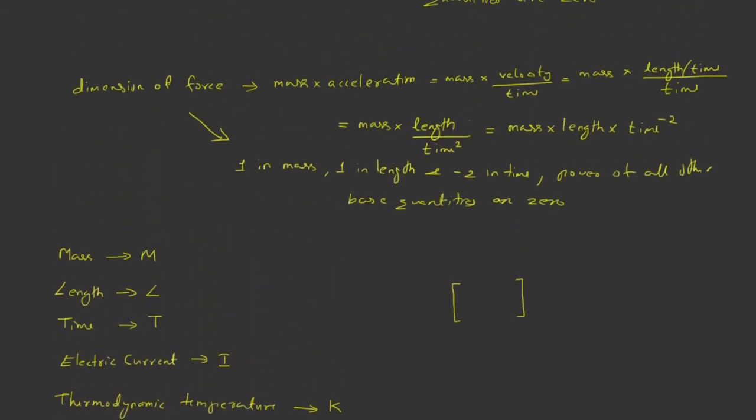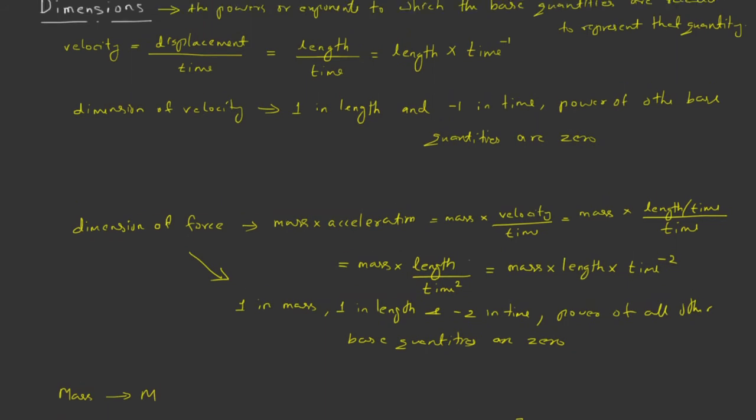So let us look into the example we already considered. For velocity, the dimension of velocity can be written as L T raised to minus 1 inside the square bracket. In the same way, dimension of force can be written as M raised to 1, L raised to 1 and T raised to minus 2 inside the square bracket.